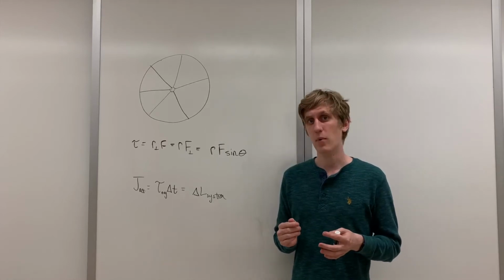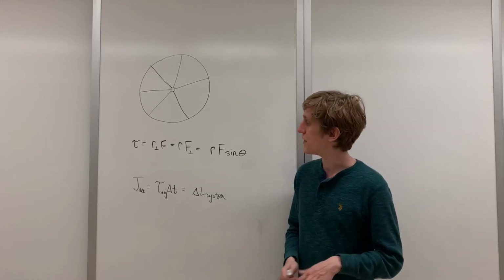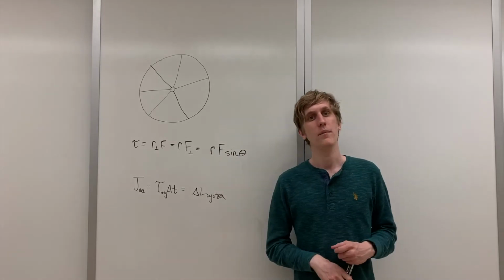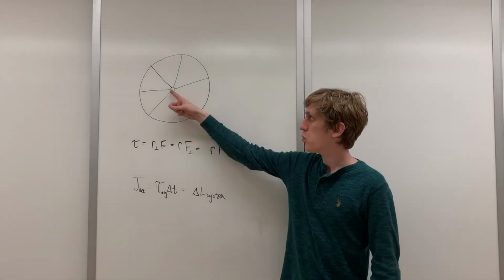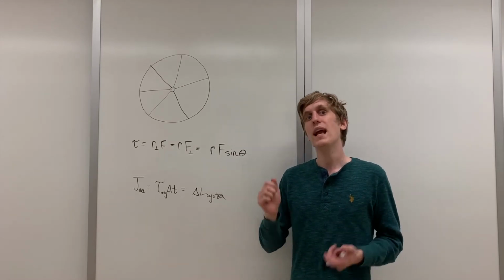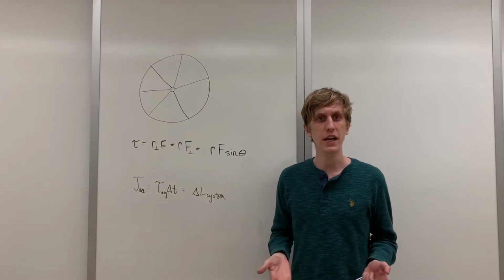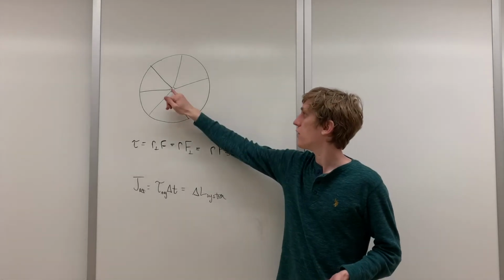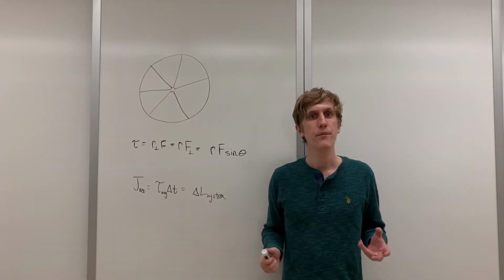Let's look at an example that should be familiar to most of us: a bicycle wheel. A bicycle wheel rotates around its center. So when we're considering the distance from the center of rotation, we're going to be measuring from this center.